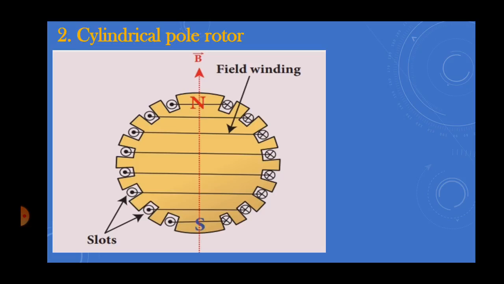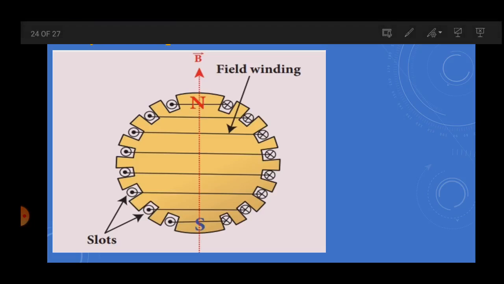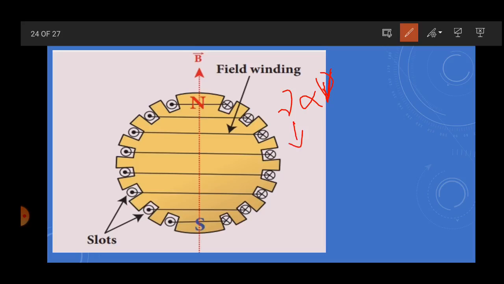One more point: the frequency ν of the alternating induced EMF is directly proportional to the rotor speed v. In order to maintain the frequency constant, the rotor must run at a constant speed. Both are constant.